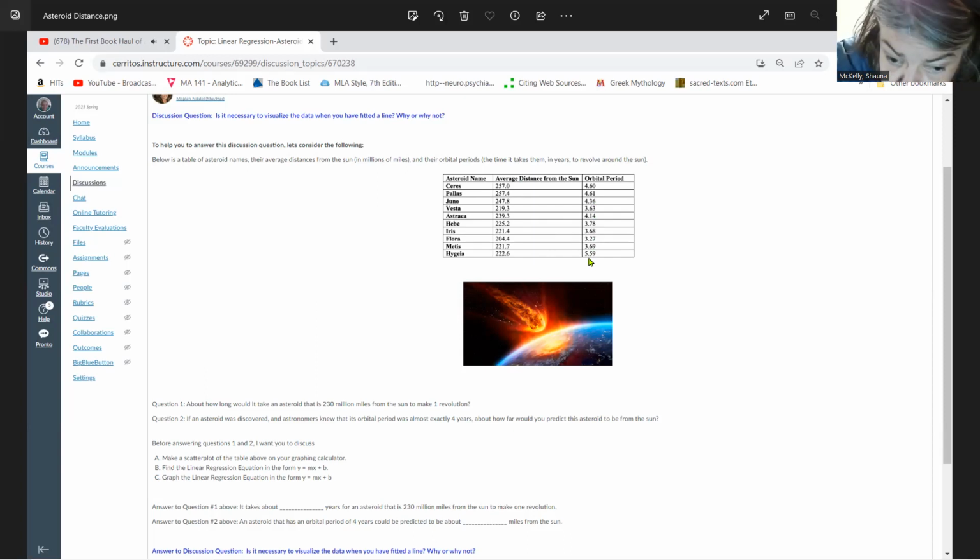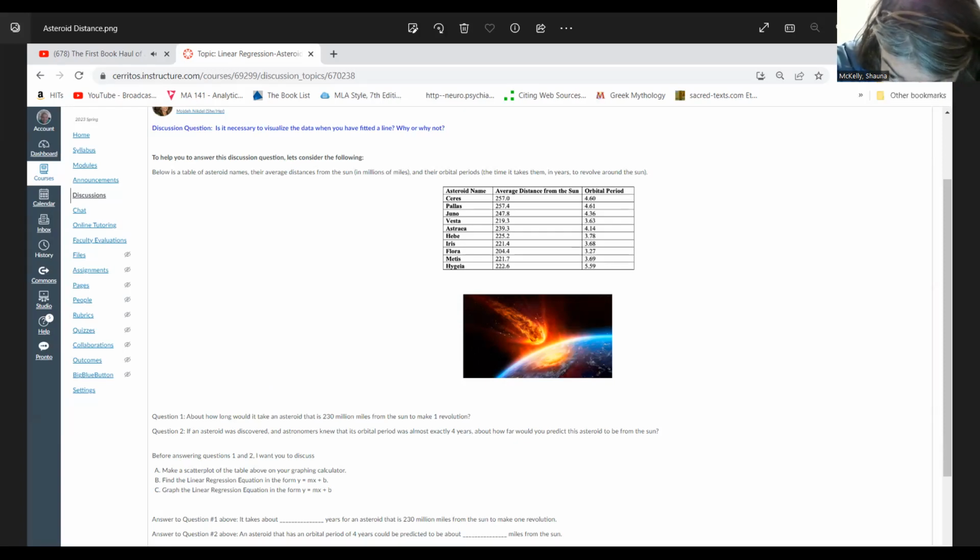Before we actually answer this, we've got two other questions below, but she wants us to do three things here. So what I'm going to do first is make a scatter plot of the data. Here, we're going to do our usual thing with the scatter plot.